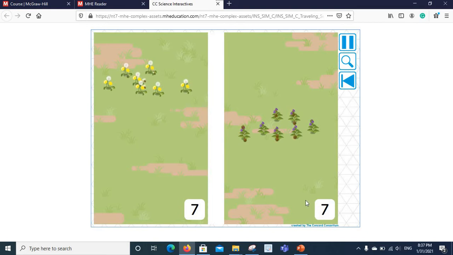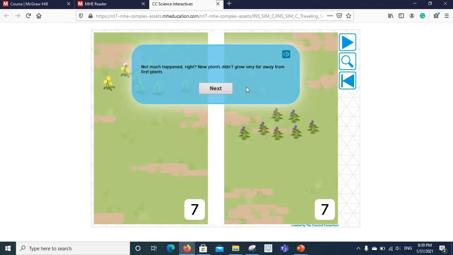And after a while, when nothing helps the seeds travel, until now we have the same number of these plants. This one and this one. Not much happened. That's right.